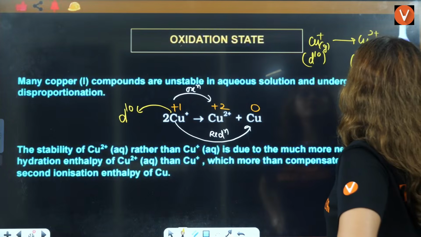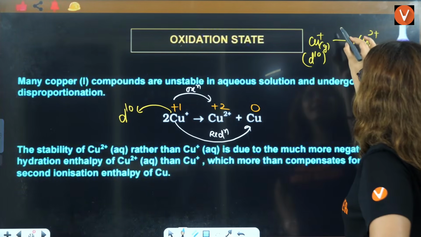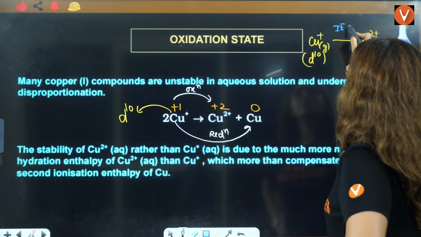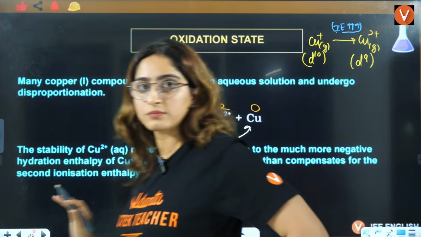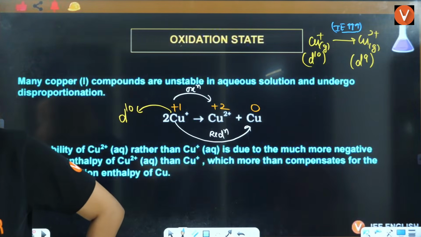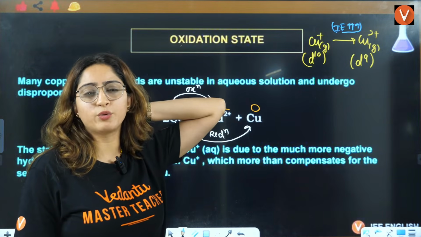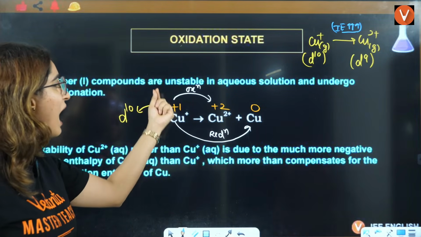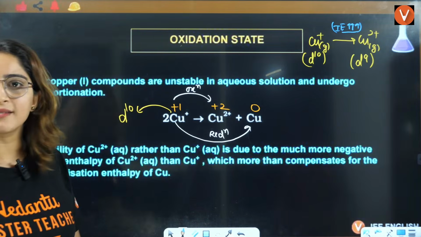This was in the gaseous state, and I told you that very high energy will be required. The ionization energy will be very, very high to take out the electron. Then how come this is happening, ma'am? If the ionization energy required is so high, why is this happening?